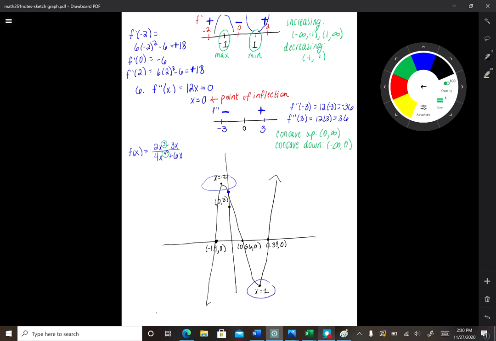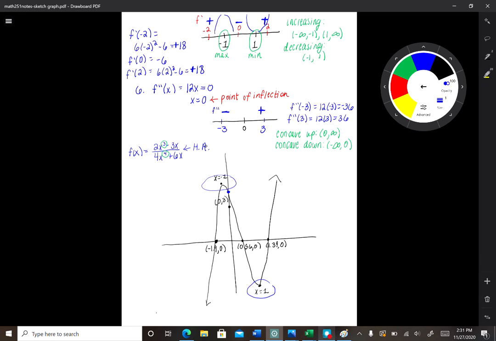When we have a degree on top that is less than the degree on the bottom, then this means that we will have a horizontal asymptote. Usually this occurs at y equals 0. But when the degree on the top is less than the degree on the bottom, then we have a horizontal asymptote, which means that the end behavior will go to a constant as x goes to positive and negative infinity.